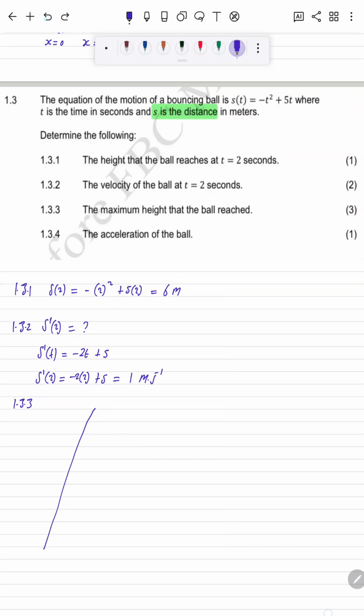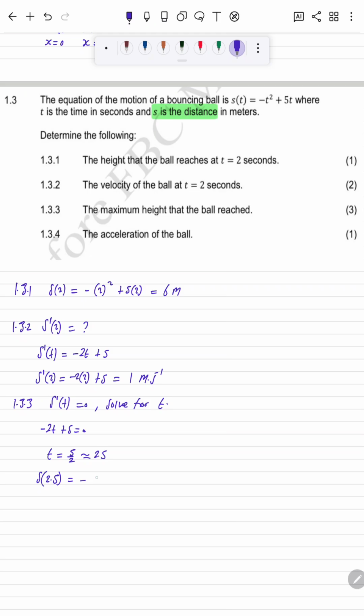So how do we get the turning point again? You're going to take the first derivative equal to 0, and this time around you're going to solve for t. We have the derivative already: negative 2t plus 5 equals 0. Solve for t. t is going to be 5 over 2, which is 2,5. Then find s of 2,5.